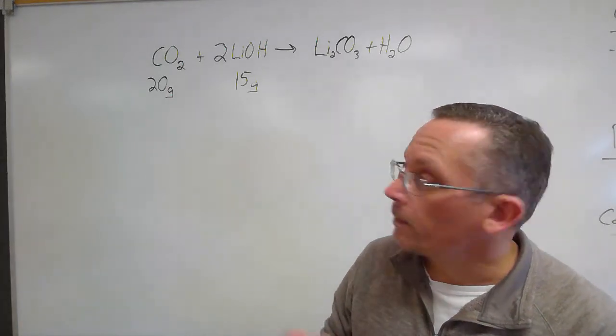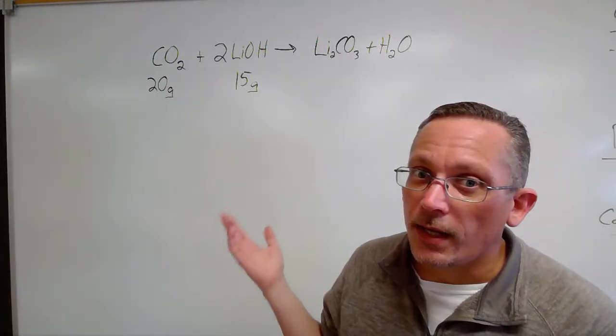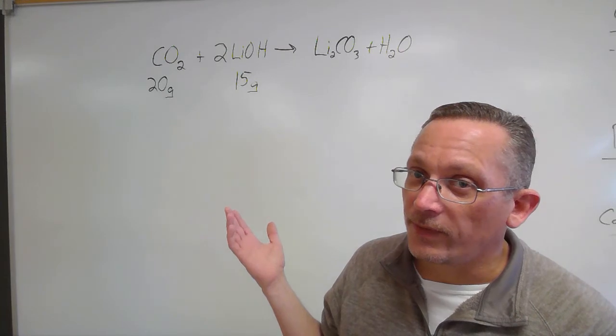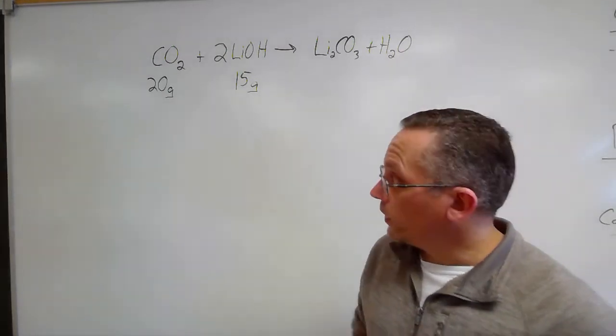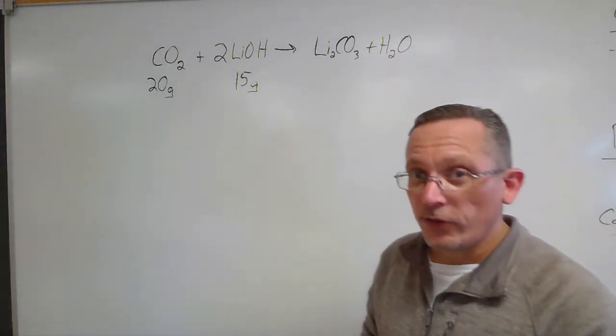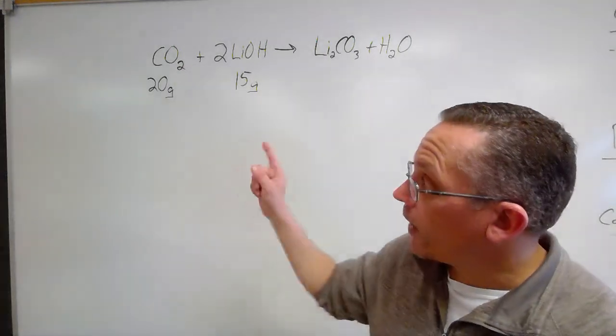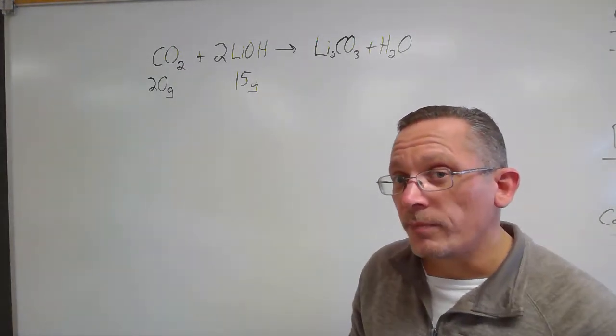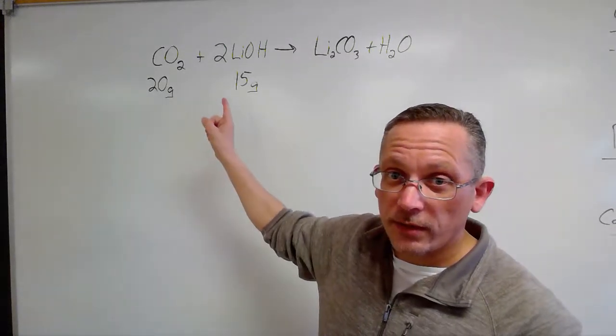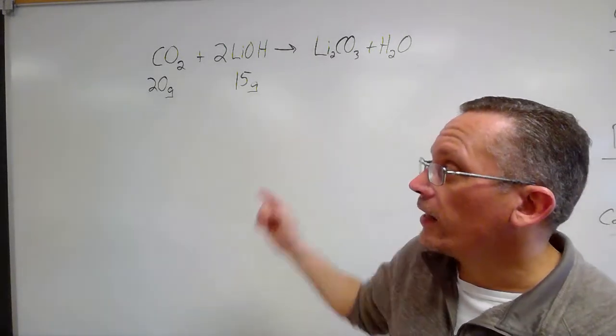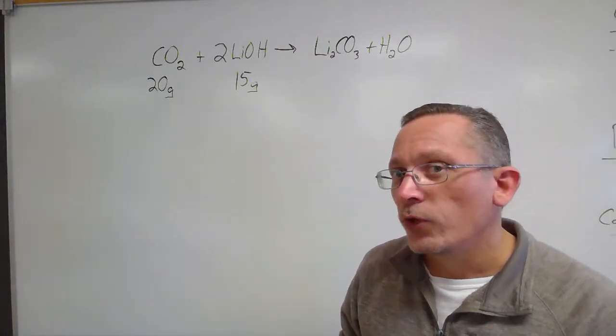But here's the problem: I don't know which one's the limiting reactant. Last time we learned how to figure out which one is the limiting reactant, and that's what we're going to have to do. We're going to do a four-step stoichiometry problem, figure out which one is the limiting reactant, and then start our calculation with that one.